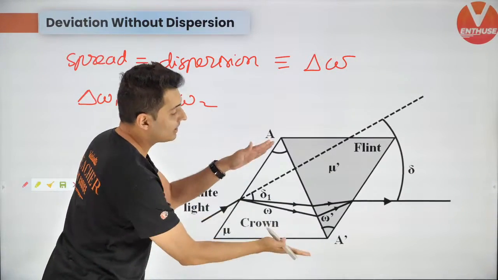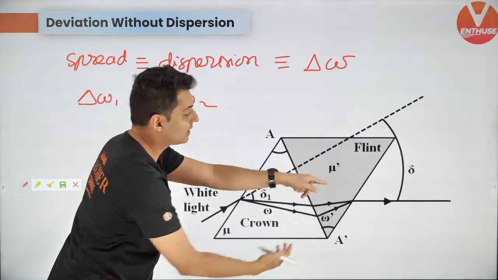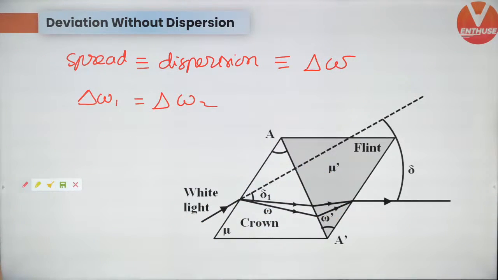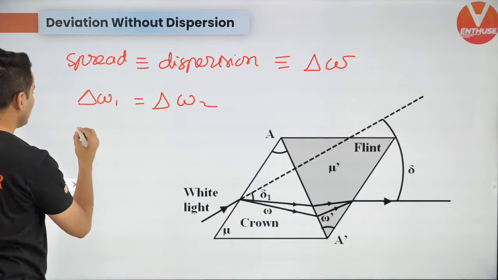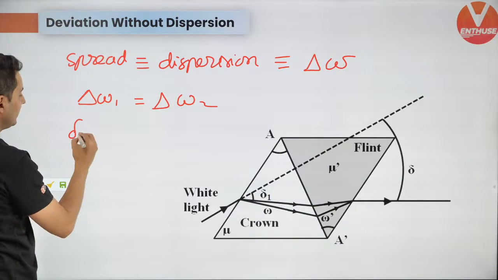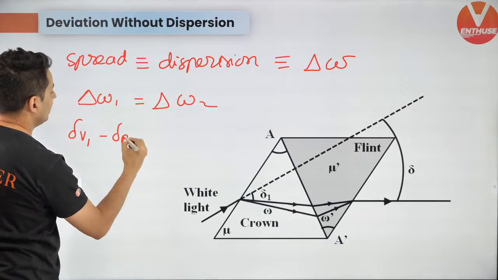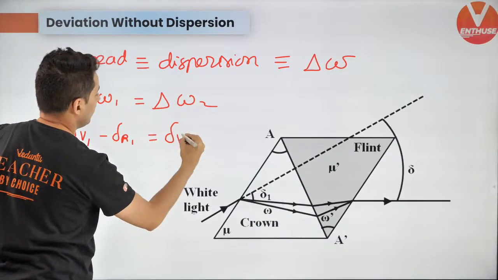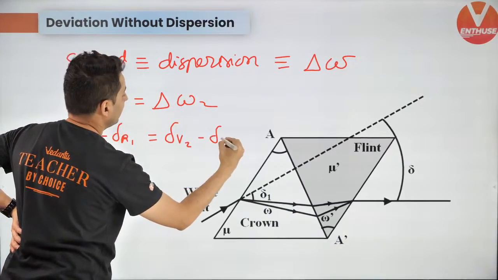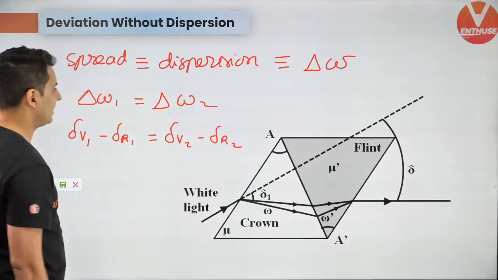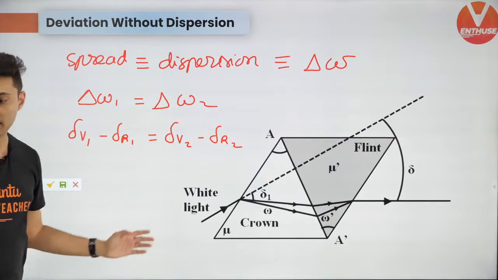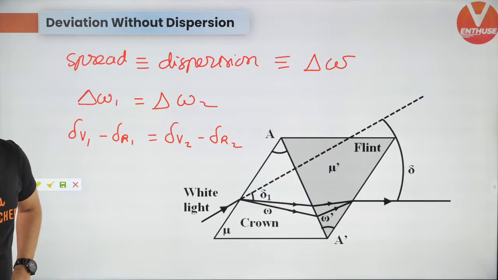However much it diverges, that much it will converge in the second. I hope this is clear. So delta omega will be delta violet minus delta red in the first, and this will be delta violet in the second minus delta red in the second. That's the way to solve this.